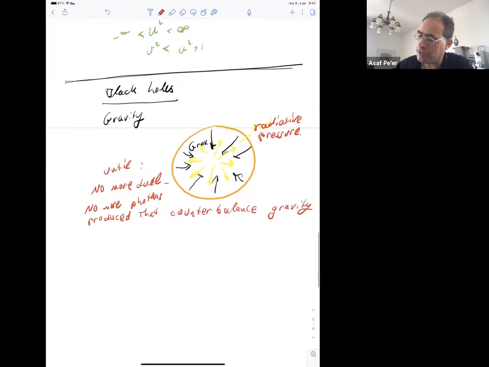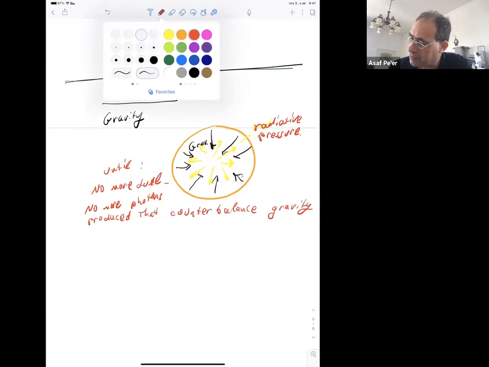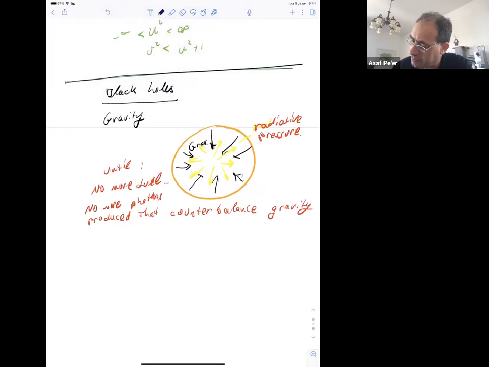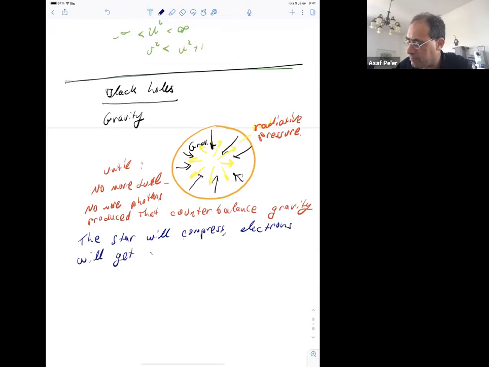And then how do we call the star? The star will shrink, compress is the right word, not shrink. It will compress, electrons will get closer together, and be stopped by Pauli's exclusion principle.